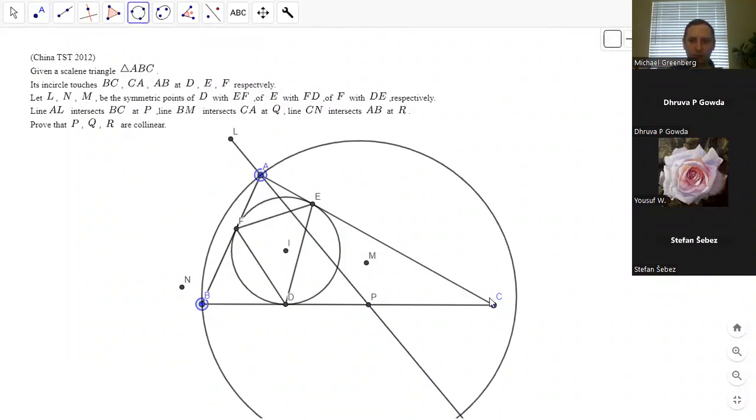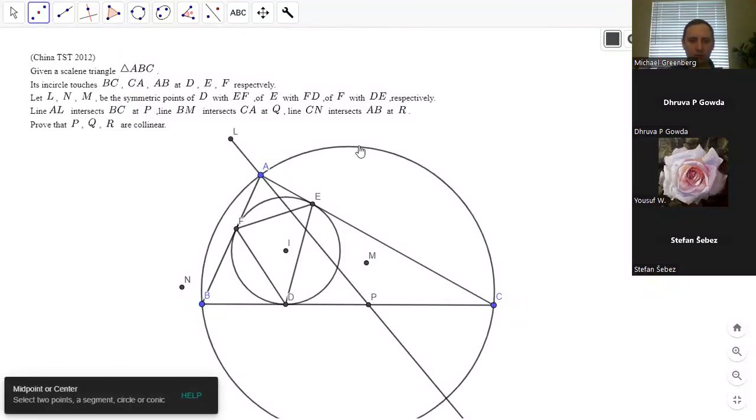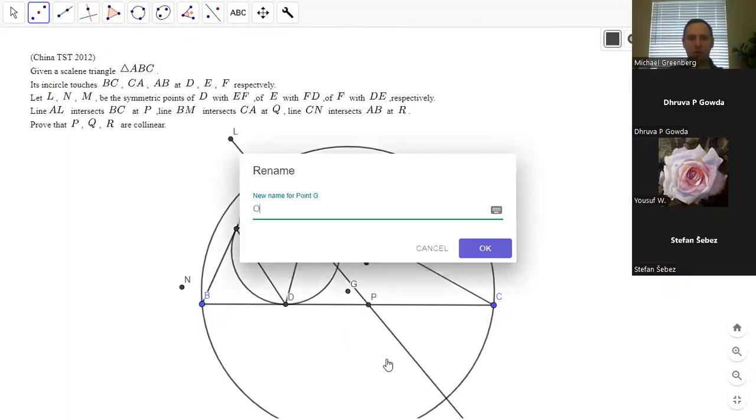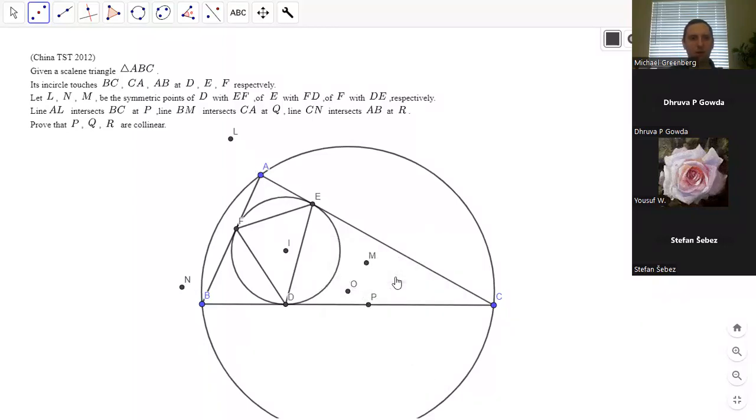I forgot the proof, but that is enough to solve the problem. Okay, interesting. That's a really interesting fact. So if we reflect D over EF and intersect it with BC, it lies on line OI.